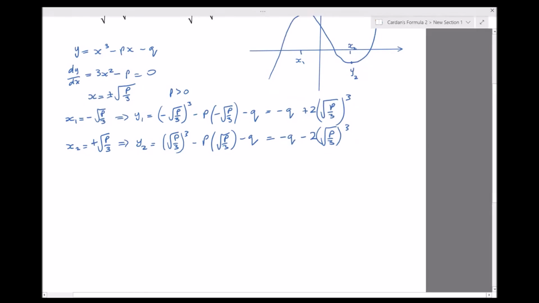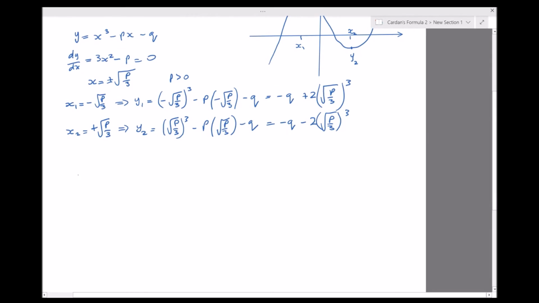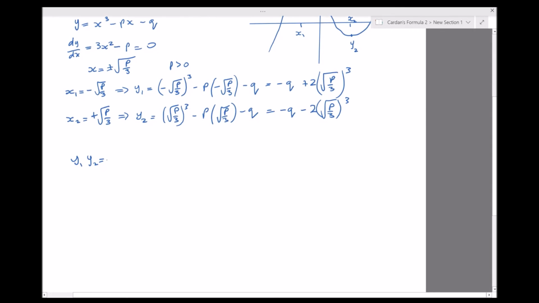Now, in order to sort this out, I want to look at y1 times y2. y1 times y2 is minus q plus 2 root p over 3 cubed, times minus q minus 2 root p over 3 cubed.